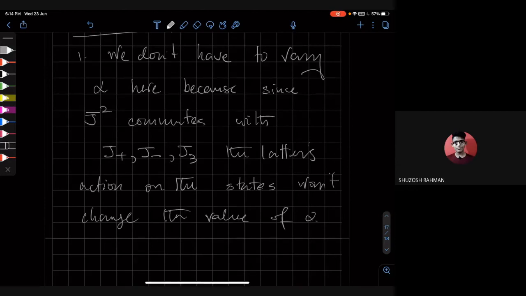If you have done my group theory course, this is related to Schur's lemma. But if you haven't, don't worry about it.